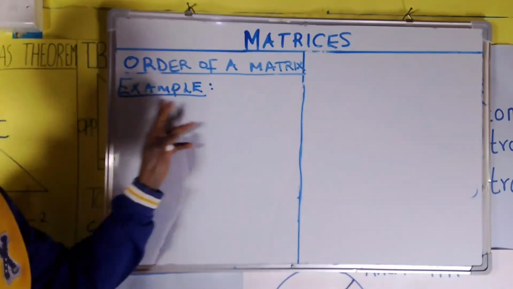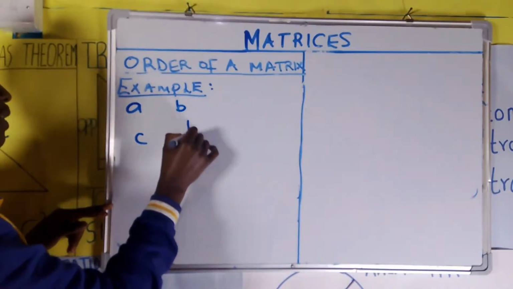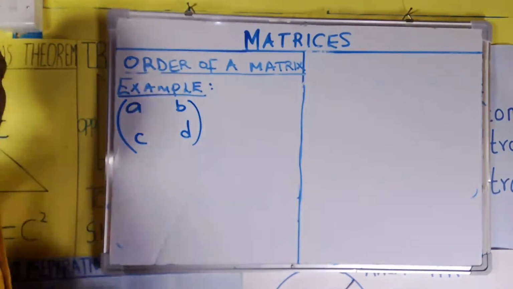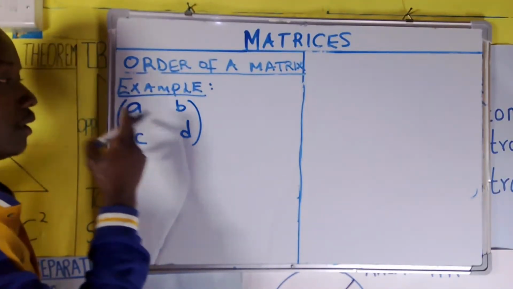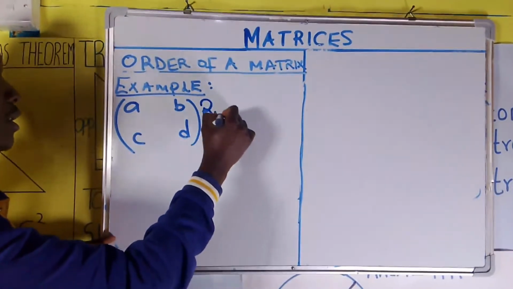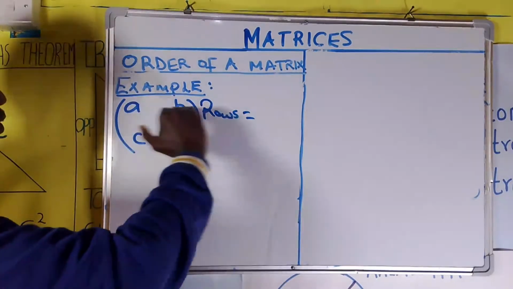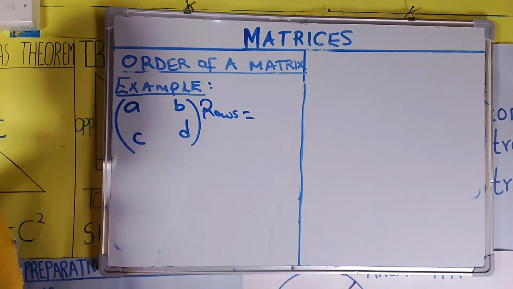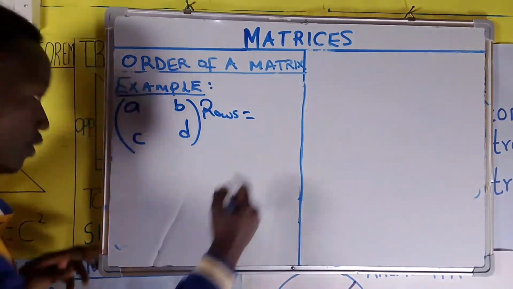We have a matrix ABCD. Having our matrix ABCD, we need to understand how many rows it has. We said rows are the horizontal sets of numbers. We have 1, 2. So we have 2 rows here.